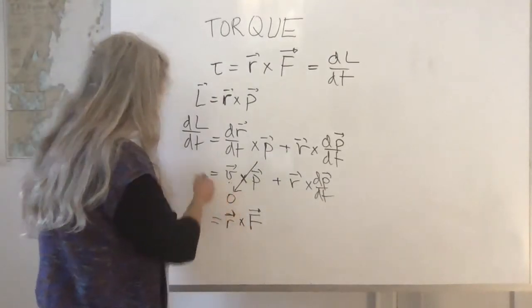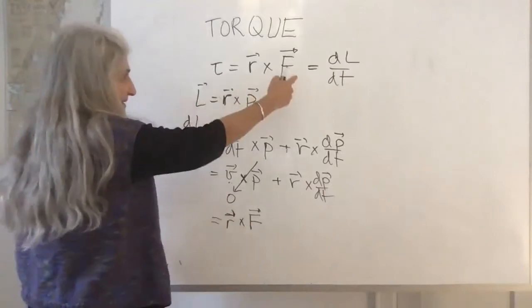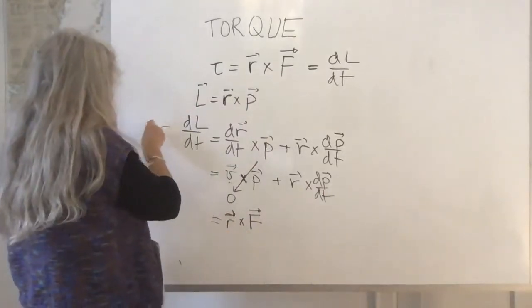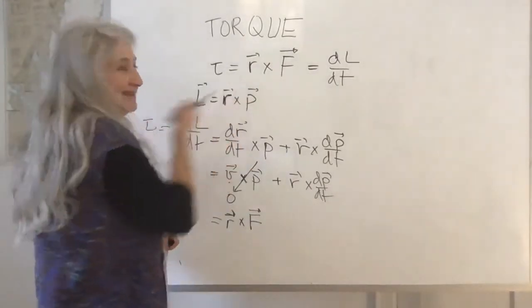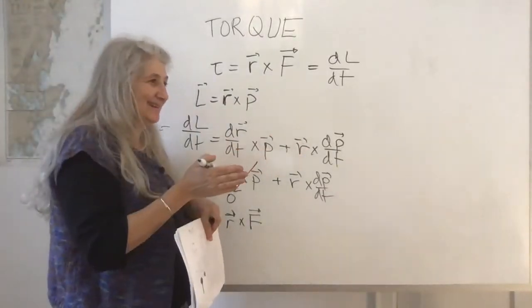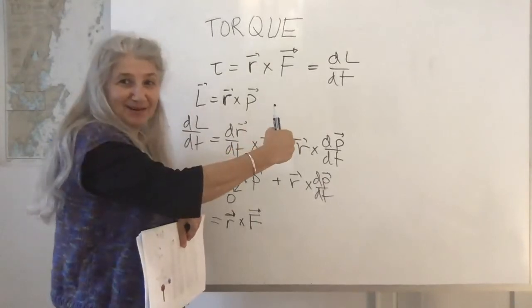So torque is defined as dL/dt equals r cross F. So this is torque. So what is torque actually? Torque is kind of like you take a force and you apply it across some lever arm.